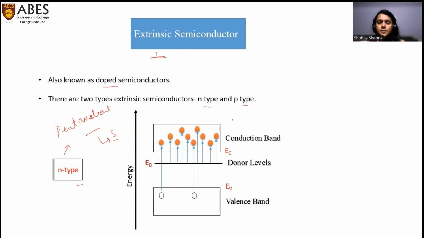So basically what happens? Out of these 5 electrons, 4 electrons make covalent bonds with the silicon atoms.